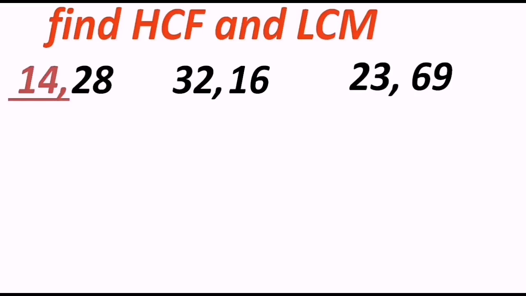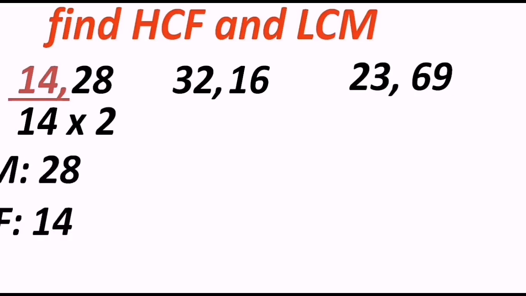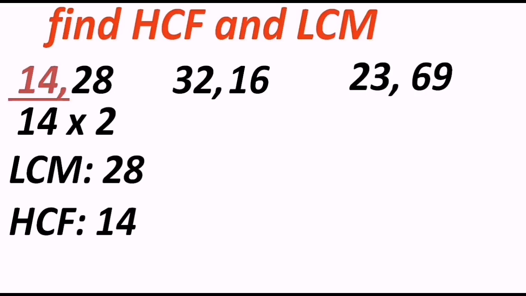Check out over here. First question, 14 is the smaller number, and in 14's table we get 28, right or not? Yes, 14 twos are 28, and that is why the bigger number, that is 28, will be the LCM, and the smaller number, that is 14, will be the GCD or the HCF. Isn't it nice? Yes. Check out the second one, 32 and 16, where the smaller number is 16. We are going to tell the table of 16.